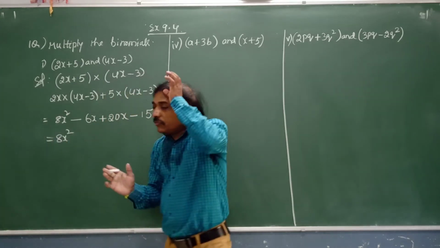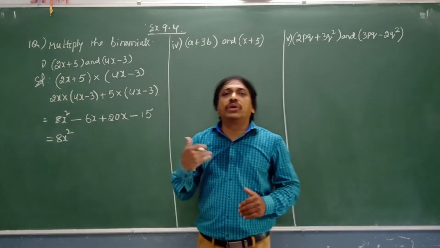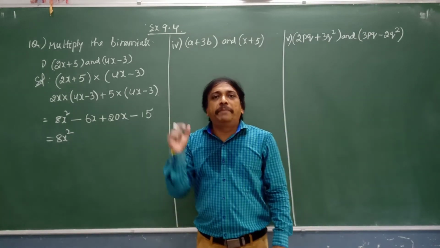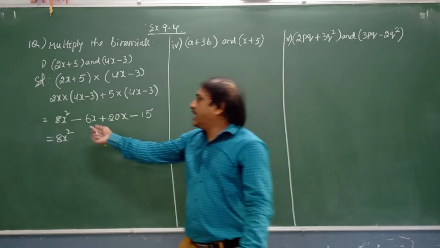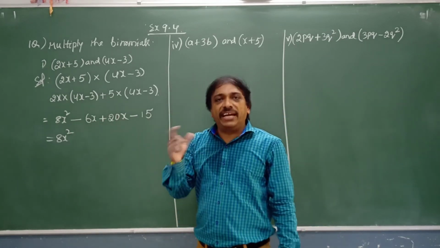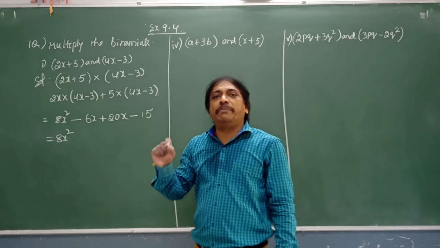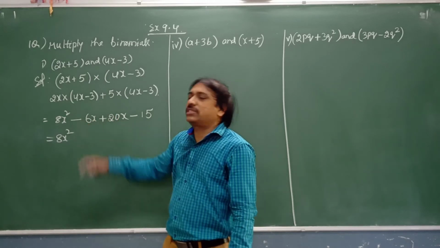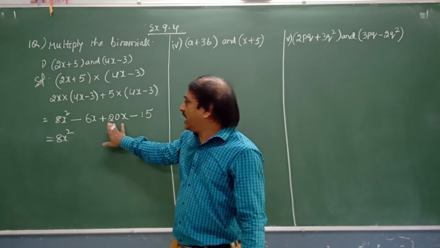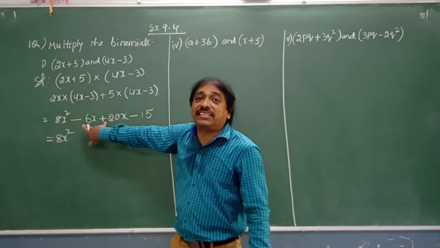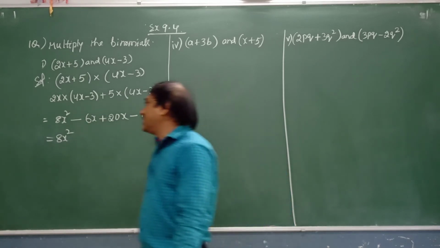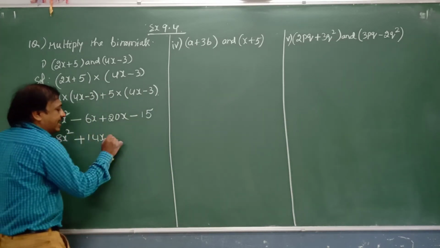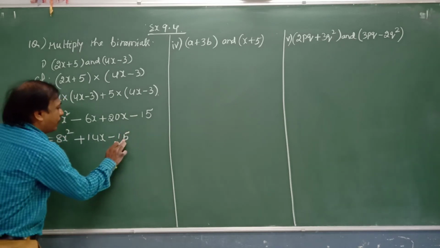When you have two different signs, ignore the sign, subtract the smaller from the bigger, and keep the bigger number's sign for the result. 20 minus 6 is 14, which has the bigger number with plus, so plus 14x, then minus 15.